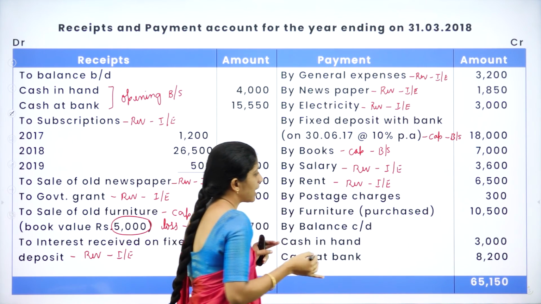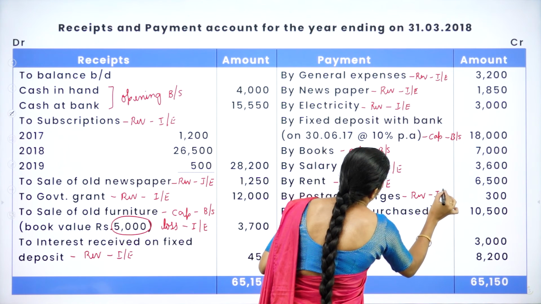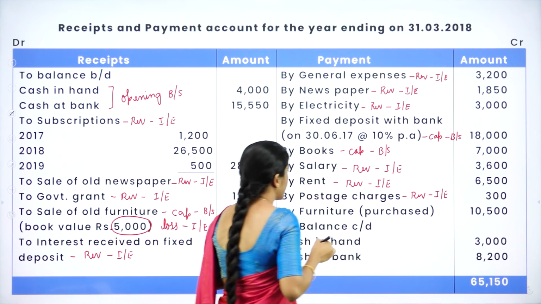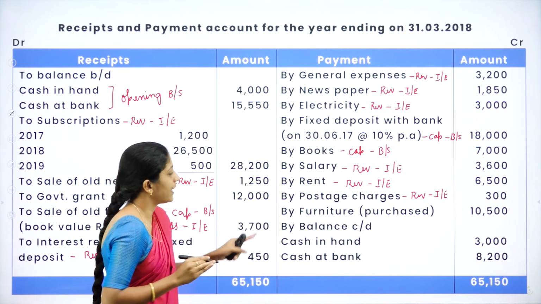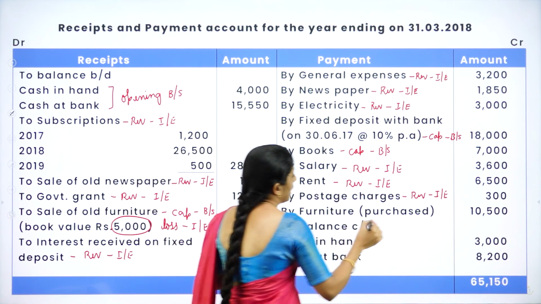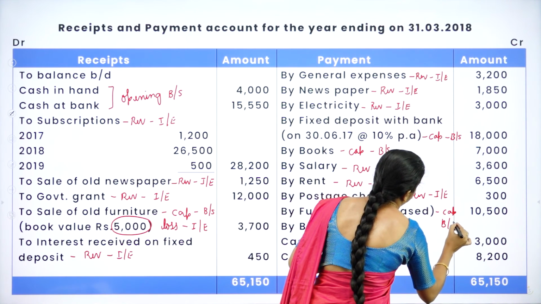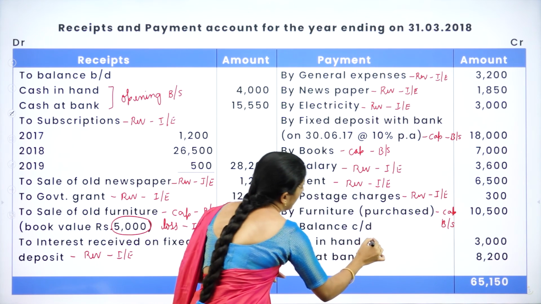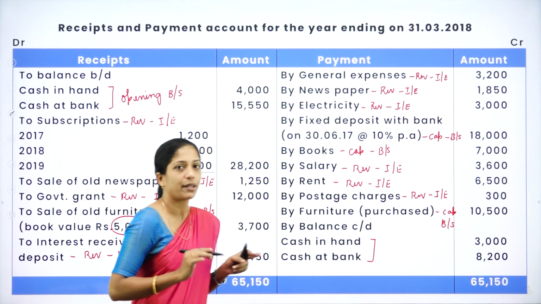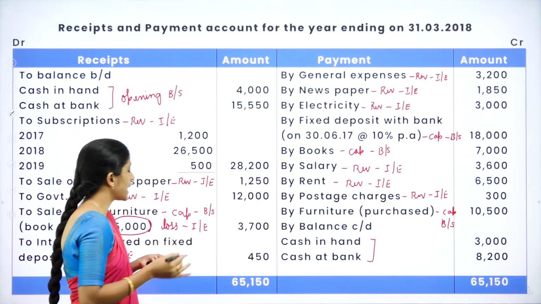Next, postage charges, these are all expenses, right? So it comes under the income and expenditure account and it is a revenue item. Next, furniture, it is a fixed asset. It is a capital item, it comes under the balance sheet. Next, closing cash in hand and closing cash at bank, that is by balance carried down, closing cash in hand and closing cash at bank.